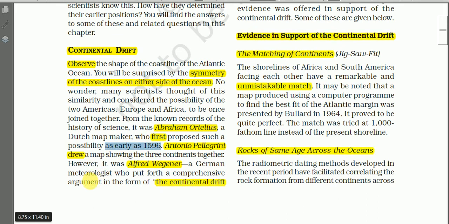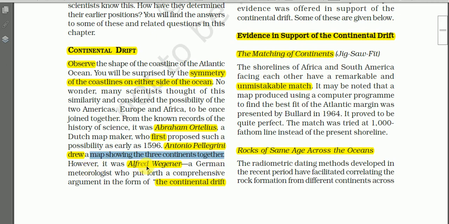So this Dutch mapmaker first proposed such a possibility of the joining of the continents together. And Antonio Pellegrini drew a map showing the three continents together, that is the two Americas and Africa together.